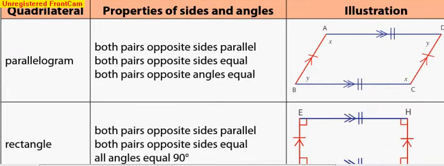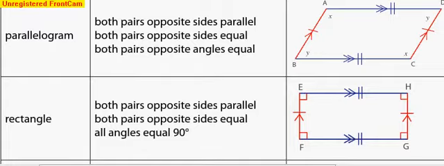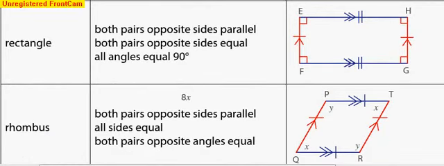Next we focus on our rectangle. So for our rectangle we have again parallel sides. The blue sides run parallel to each other. The red sides also run parallel to each other.